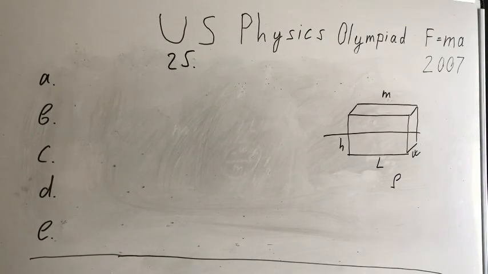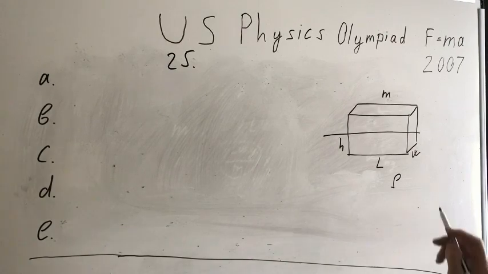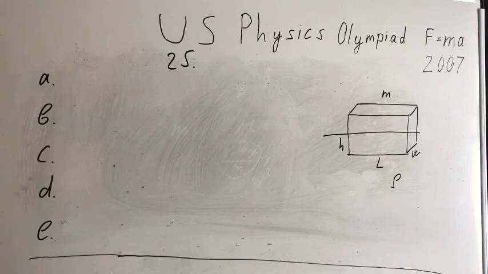Problem number 25. Find the period of small oscillations of a water pogo, which is a stick of mass m in the shape of a box, a rectangular parallelepiped. The stick has length L, width W and height H, and is bobbing up and down in water of density ρ.